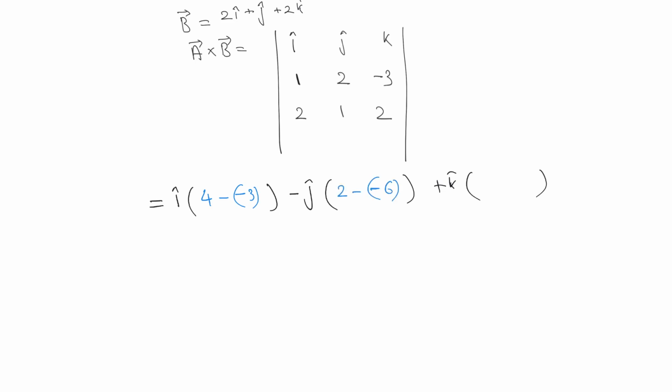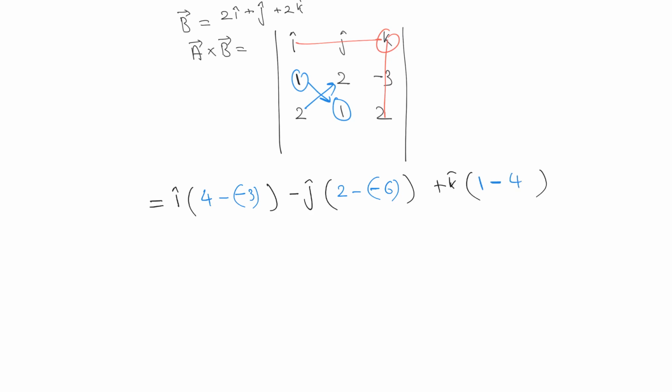Like that, for the k component, we eliminate this column and row. Then first we go in this direction, which is 1 into 1, minus this direction, which is 2 into 2. So that is 1 into 1, 1, minus 2 into 2, which is 4.